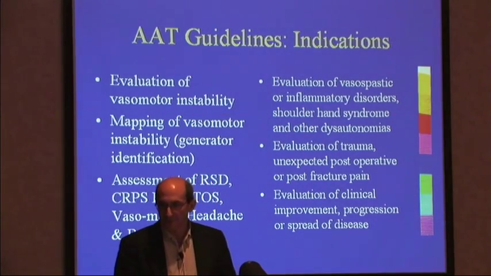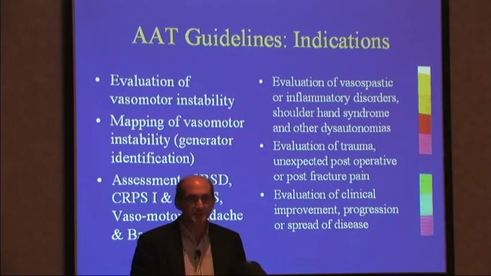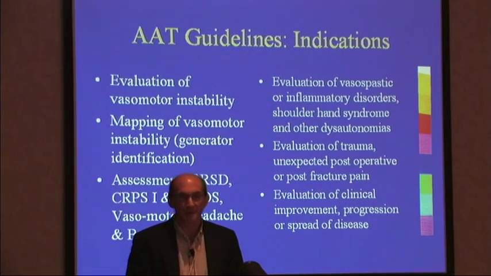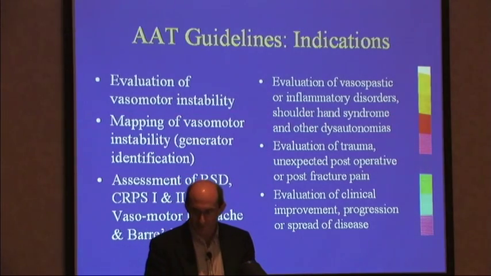For the evaluation of vasospastic and inflammatory disorders, shoulder-hand syndromes, and other dysautonomias. The evaluation of trauma, unexpected post-operative or post-fracture pain, the evaluation of the clinical improvement, progression, or spread of disease.